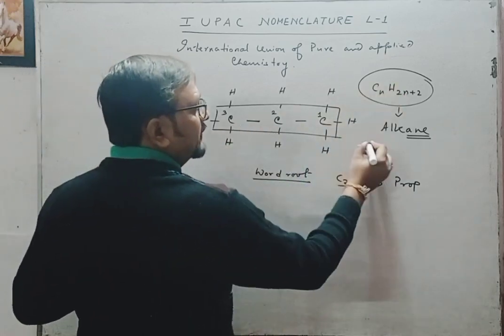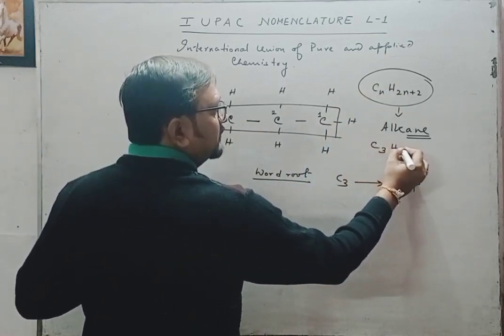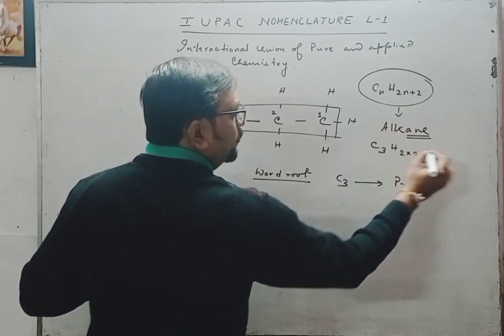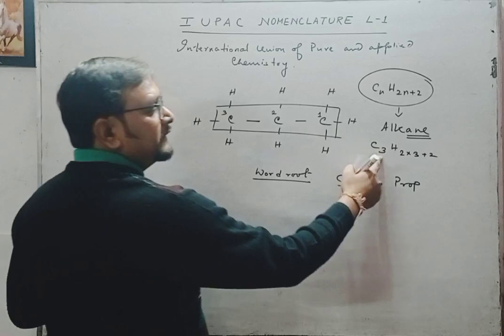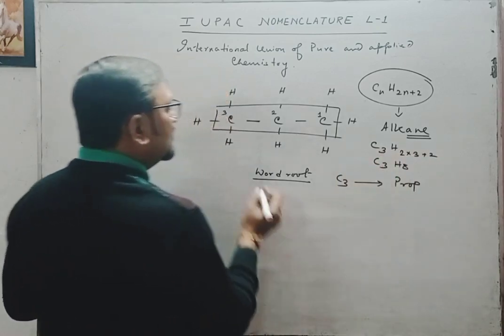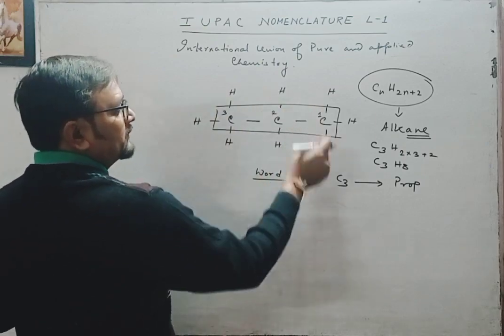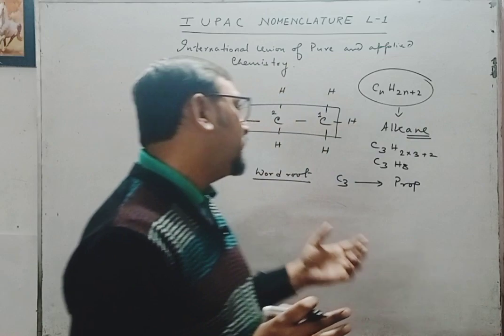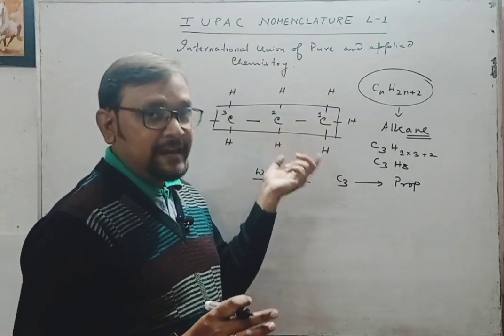You see the formula. If I am writing here C3H2 into 3 plus 2, now what is this? C3H8. Isn't it 1, 2, 3, 4, 5, 6, 7, 8 hydrogens we are getting here? So this represents the formula of propane.